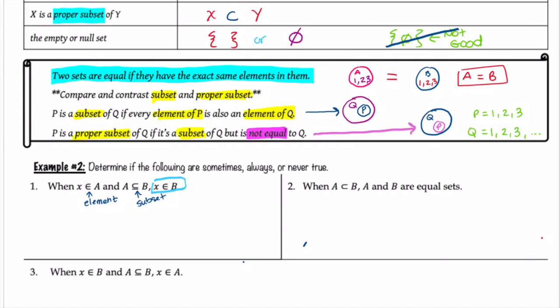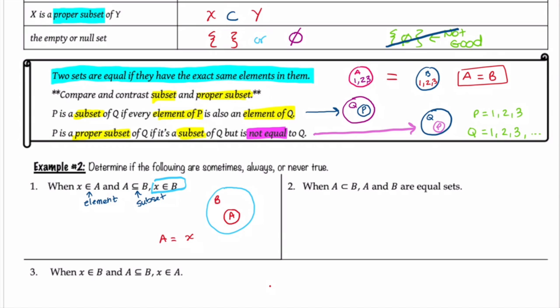I'm going to draw this out just to visualize this. When X is an element of set A and A is a subset of B, which means that we have some set B and A is a little member in there, then X is also an element of B. So in set A, we have a member called X. Is that member also part of B?